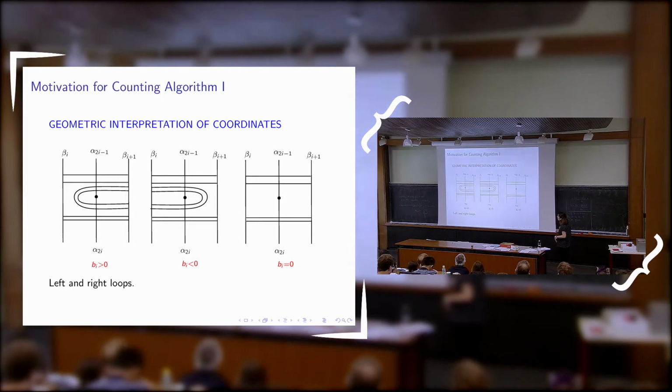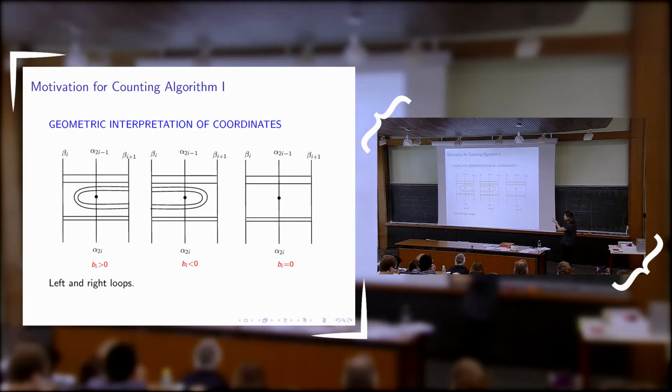Remember that bi is the difference between beta i and beta i plus 1, and therefore if the number of intersections on beta i plus 1 is greater than beta i, it means that bi is greater than 0. In that case, we have some loops that go around the puncture, and they have endpoints on beta i plus 1. I call them left loops because there is a left loop on the left-hand side of the puncture.